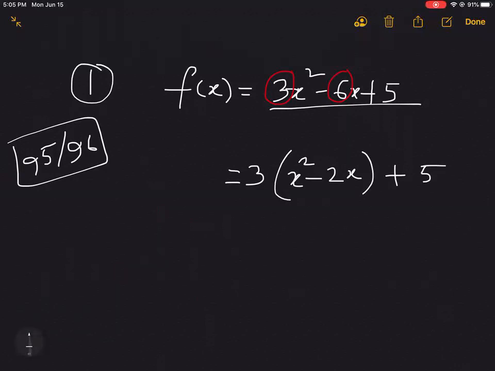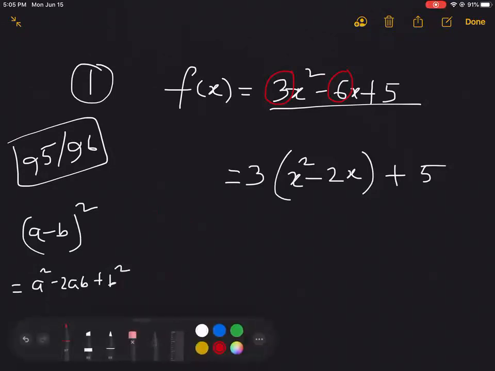And you know the format of a minus b, the quantity squared, is a squared minus 2ab plus b squared, right? We already have a squared minus 2ab, where your a is x. Can you see where your b is? What if I say you have times 1 here? Anything times 1 is the same thing. So your b here is basically 1.